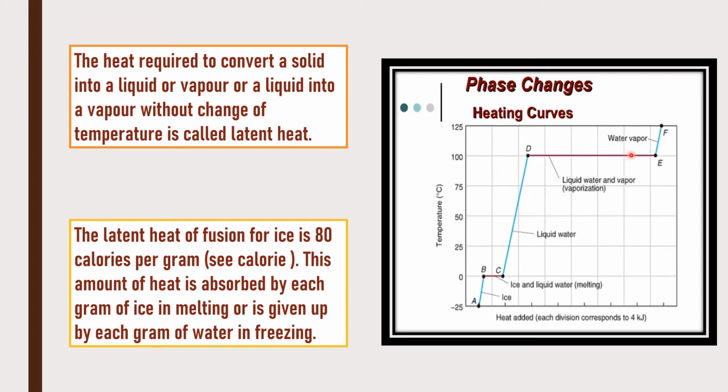So here also latent heat of vaporization is required, and here latent heat of fusion is required. After the complete change into vapor, again temperature will rise. So this phase is called latent heat of vaporization, and this phase is called latent heat of fusion.